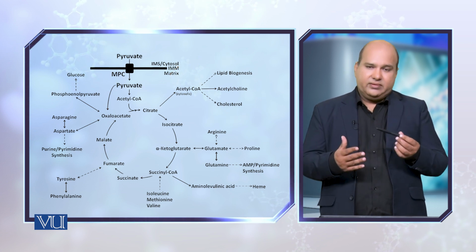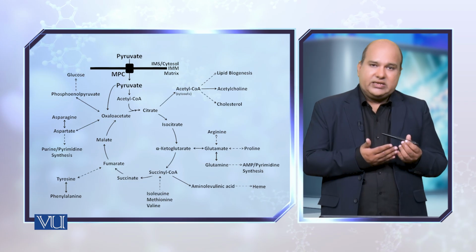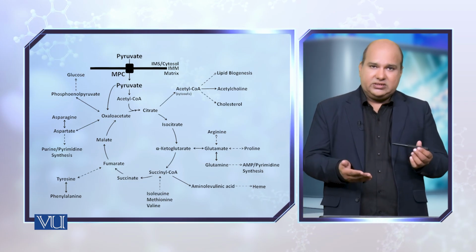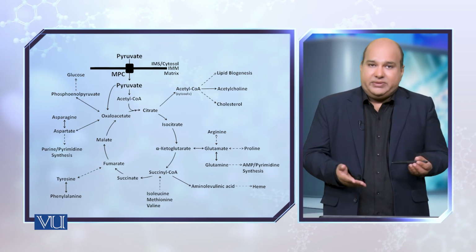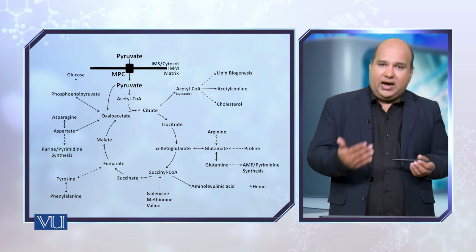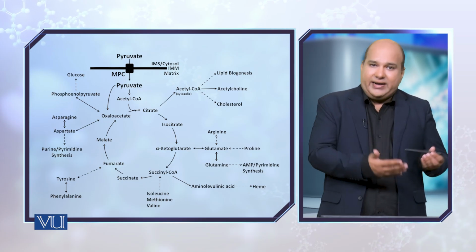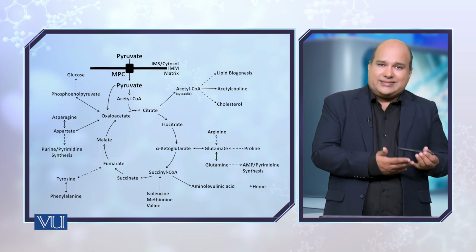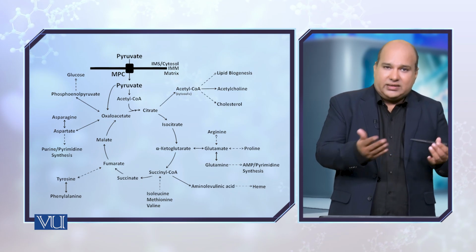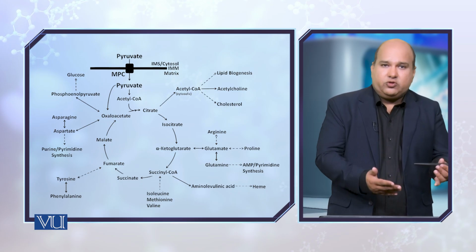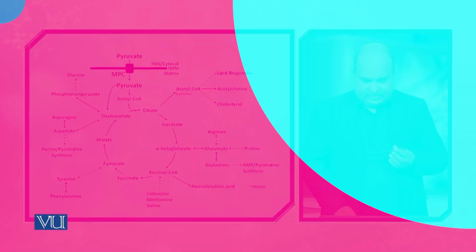So in this way, TCA is not only producing energy, it's not only producing its own intermediates, it is also providing very important carbon skeletons to other compounds, to amino acids, to nucleotides, to fatty acids.